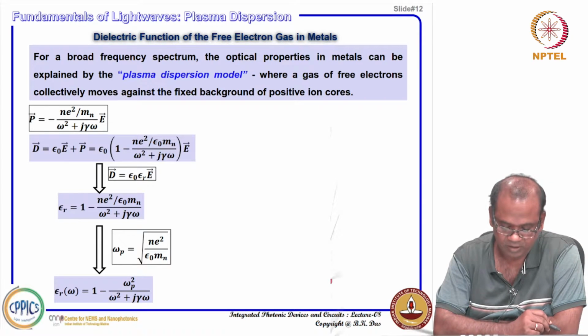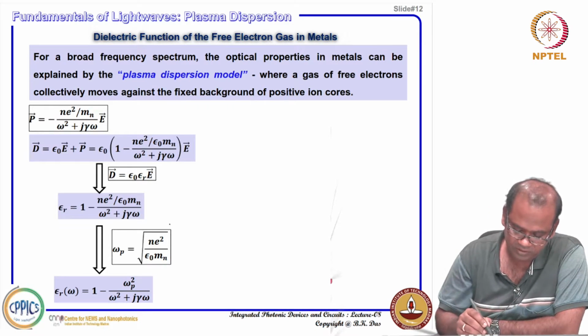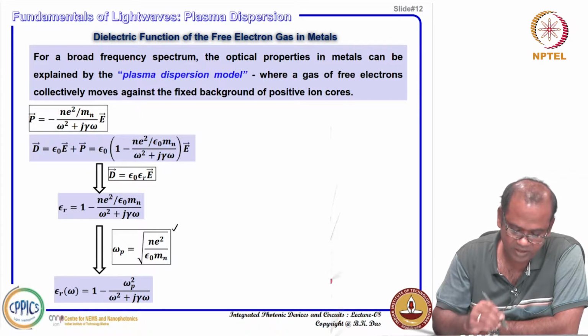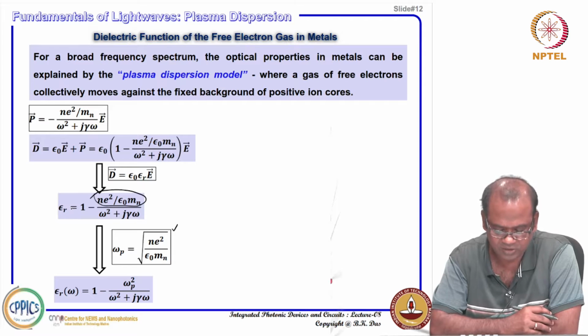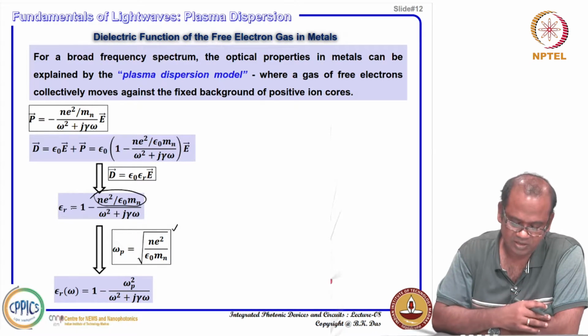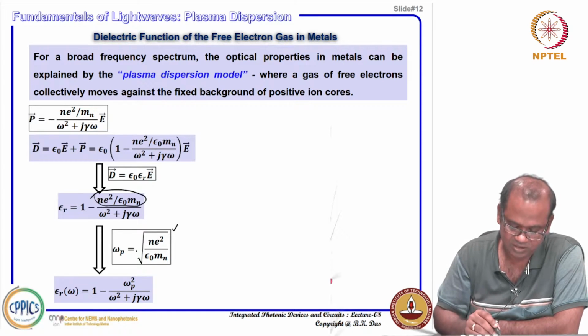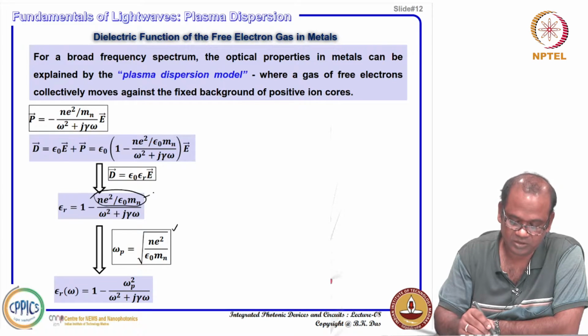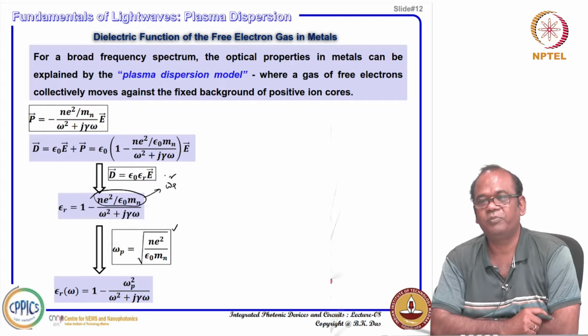Right. Now, if you see the numerator here, they are all fundamental constants, the only thing is the number of electron density that is given there. We just consider that as omega p square, that is actually known as the plasma frequency.